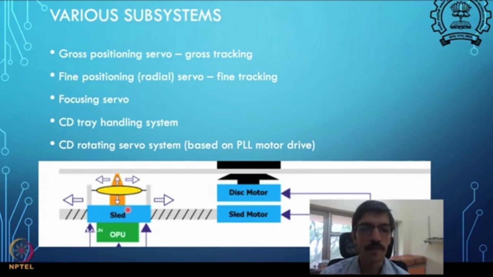And maybe I can tell you right now that these CD systems are constant linear velocity systems, which means the linear velocity at a point on the surface of the CD which is under the CD head, under this laser, will be constant.